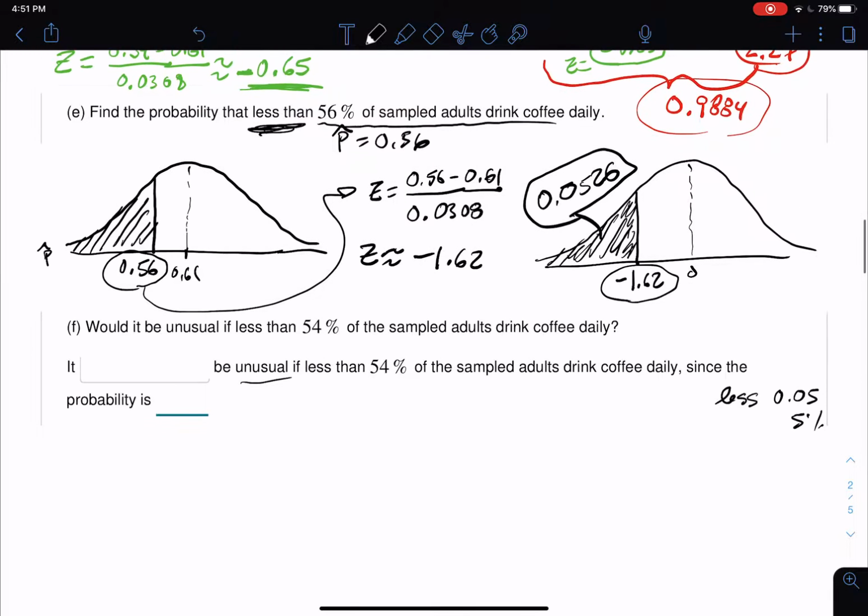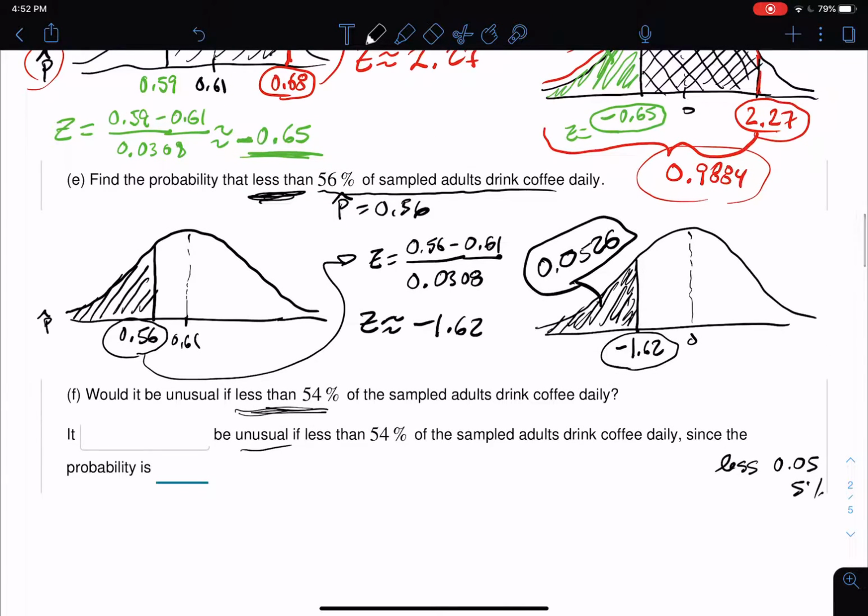Now, they're talking about, would it be unusual if less than 54% of the sample drinkers, would it be unusual if it's less than 54%? Okay, so, well, 56% was already at 0.0526, it's just a little bigger than 5%. So my guess is if we drop to 54%, that it's going to be less than 5%, which means it would be unusual.